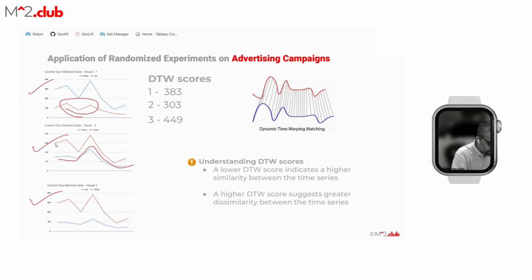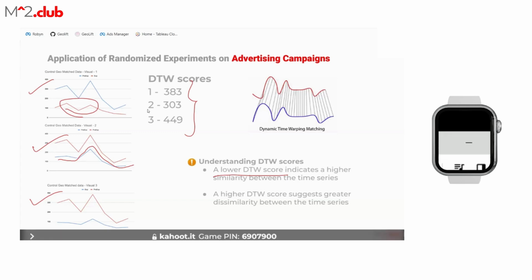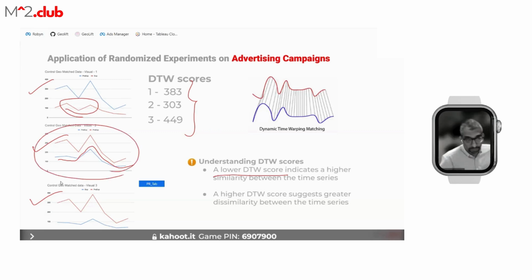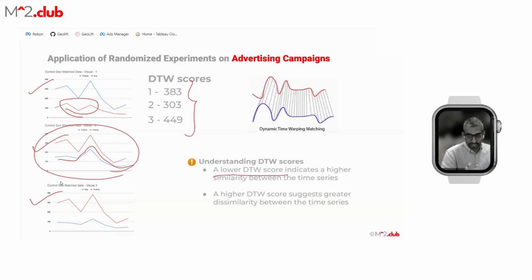In this particular case, we have these scores. But how do we make a decision? The lower DTW score indicates a higher similarity between two time signals. So in this particular case, which was the best? Is that the quiz question, Bharati? No, that's not correct. Okay, in this particular case, the second visual was the best combination.